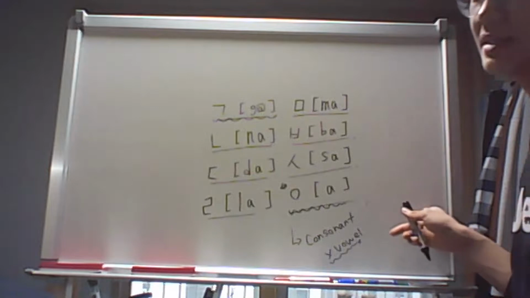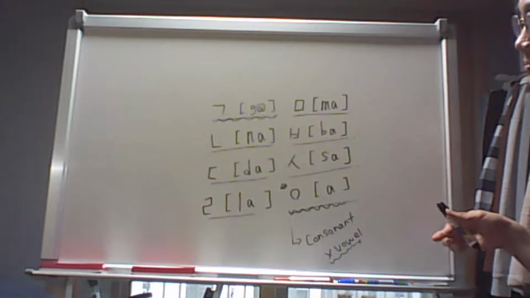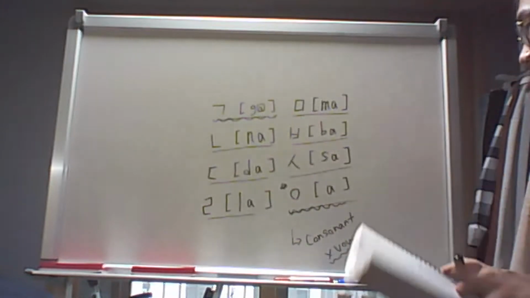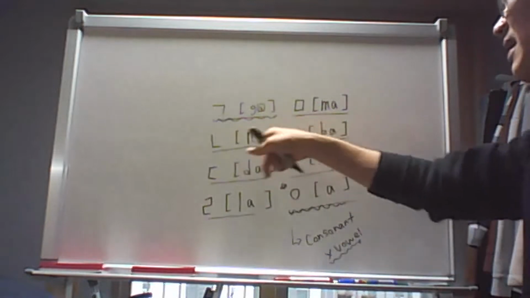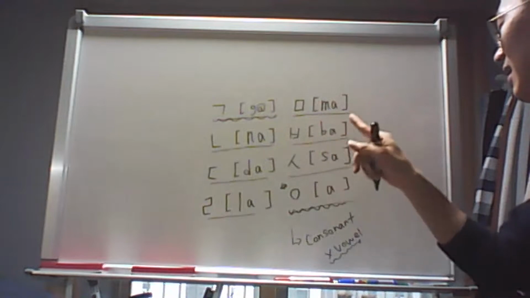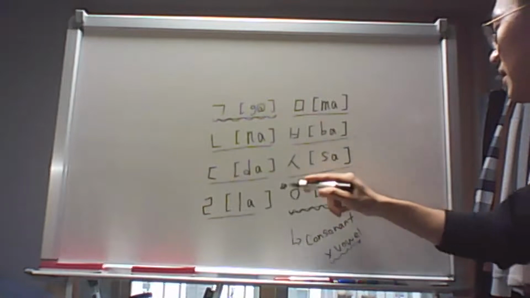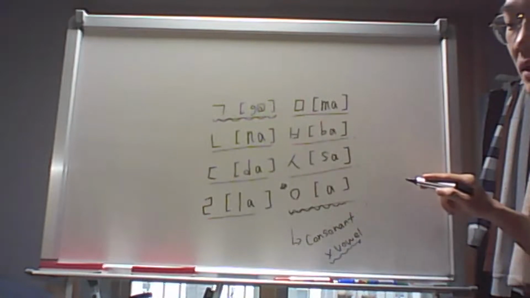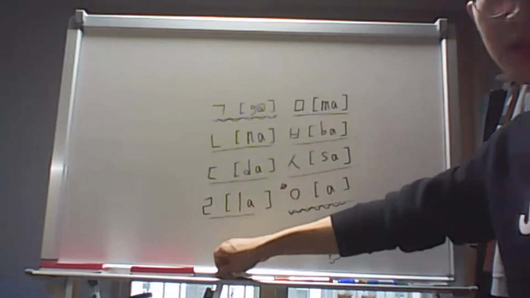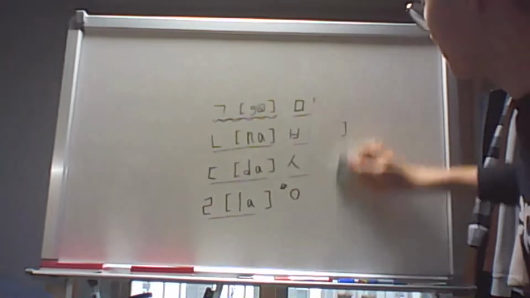You need to do your best to learn Korean well. So ga, na, da, la, ma, ba, sa, and this is ah. It is a consonant, but we need to put a vowel to make one complete syllable. Let's continue.